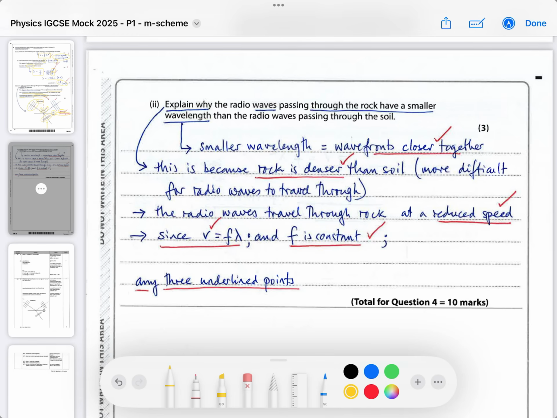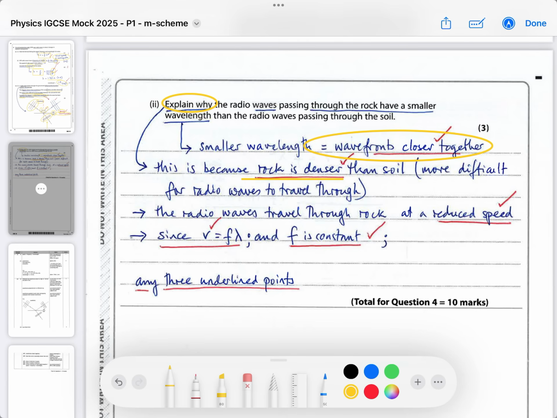So smaller wavelength, you can tell, means that the wavefronts are closer together. So if you say that the wavefronts are closer together, you'll get 1 mark. And then explain why. So you can't just say it, you've got to explain why. This is because the rock is denser, optically, in this case, with whatever wavelengths they're using.